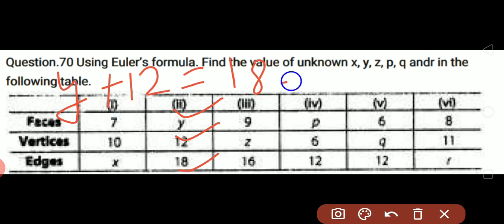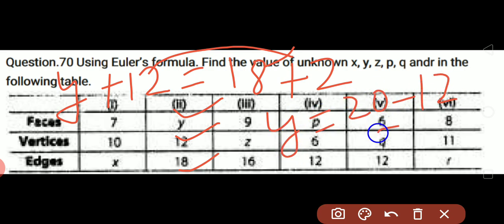Come to the second part. We have not been given faces. Vertices are 12, edges are 18. So this is y plus 12 equals 18 plus 2. So 18 plus 2 is 20, and when you transpose this 12, 20 minus 12 will be y, which is 8.